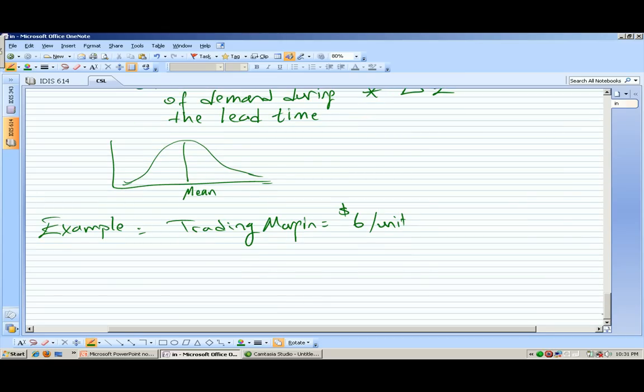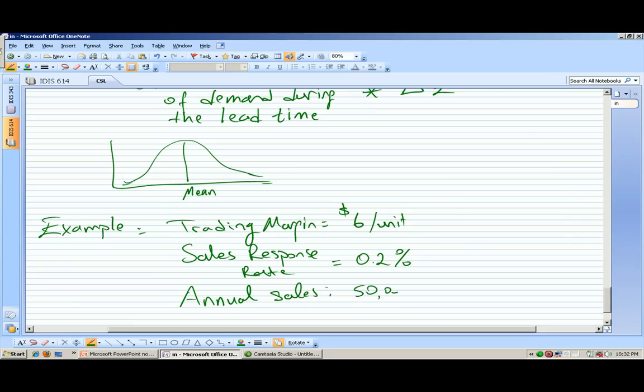Okay, sales response rate is 0.2%, and annual sale is equal to 50,000 units.